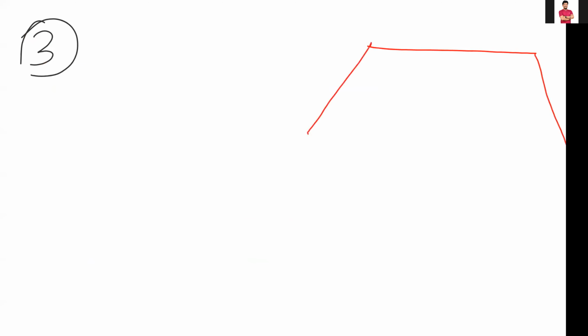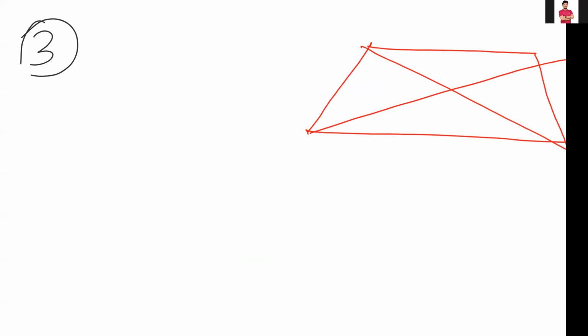Okay. Coming to the next question. Question number 3. We have a trapezium ABCD, and we have O. In the trapezium, AB is parallel to DC.